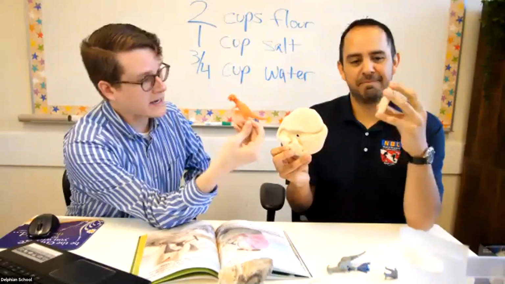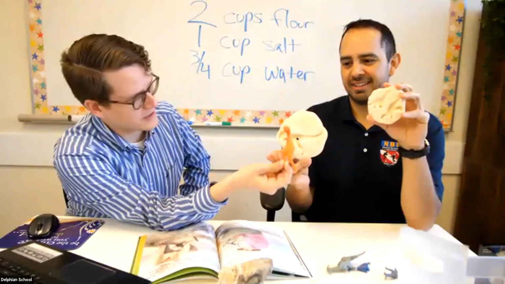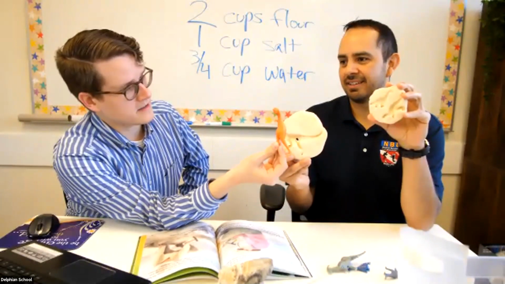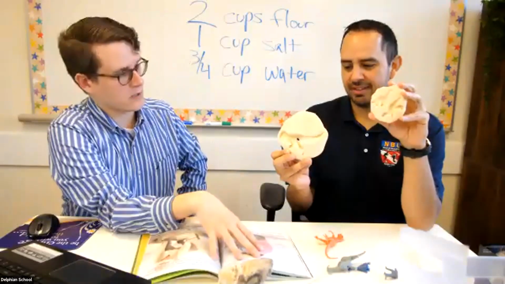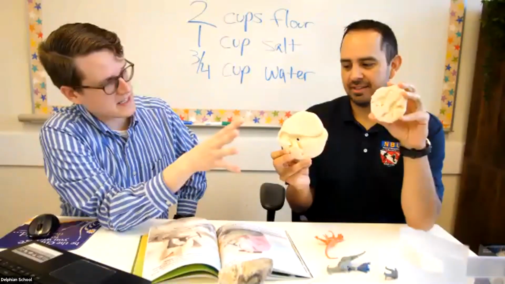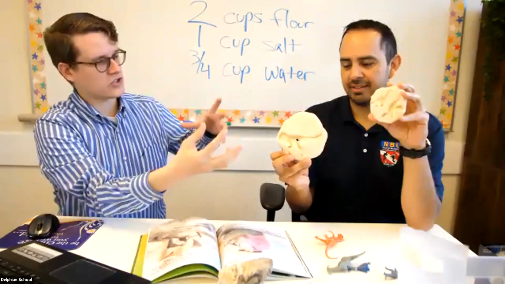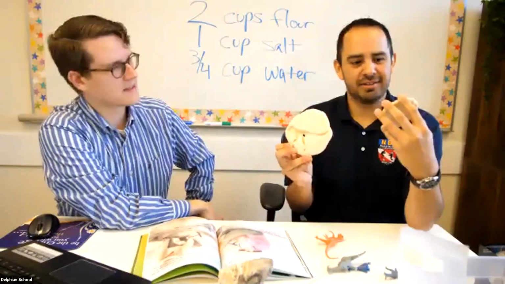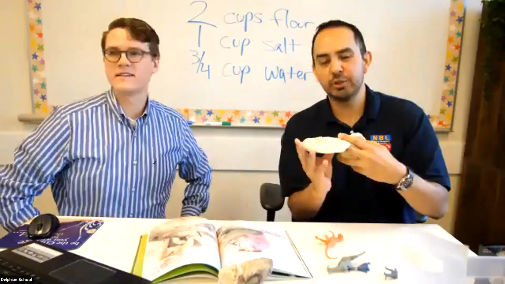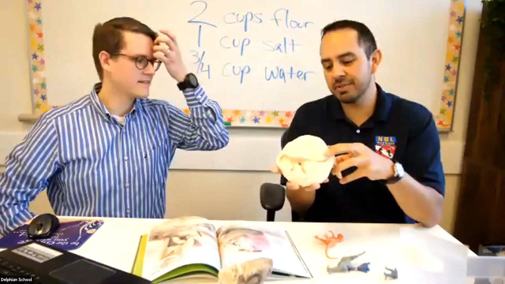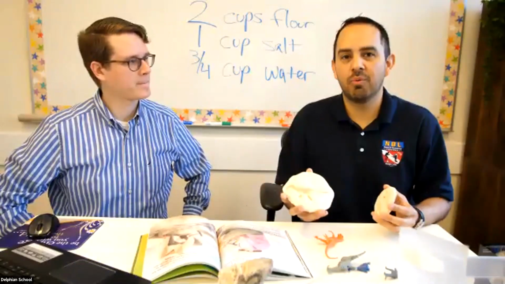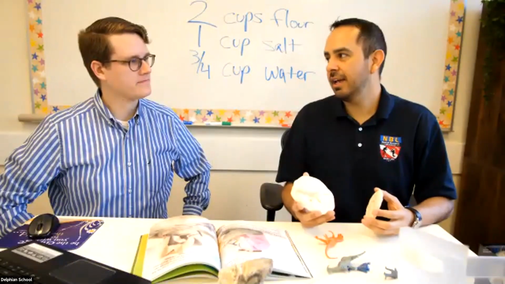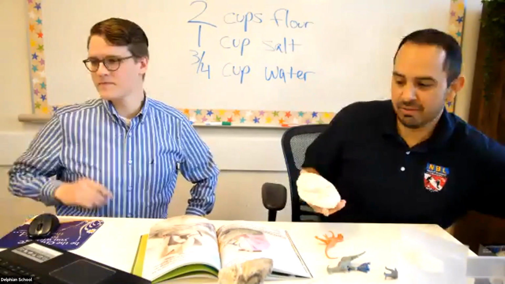Not everything, not exactly what its color was, or did it like to eat this kind of meat or that kind of meat, or what its favorite movie was, but you could see its size, its shape. That's right. There's a lot of clues that you can put together. That's what scientists do, they try to put these clues together and figure out what happened to the dinosaurs and how long ago they lived, all these great things that we're learning about.